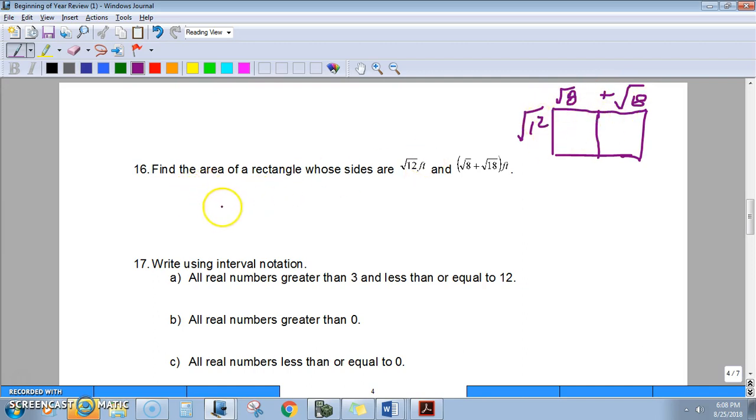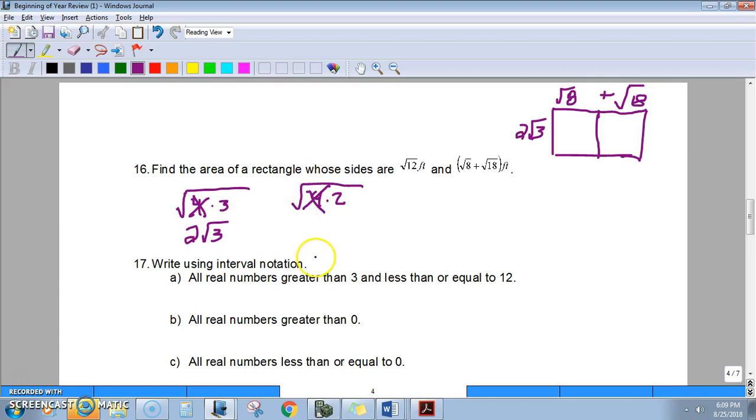That'll be good practice. The square root of 12, remember, is the square root of 4 times 3, which the square root of 4 is just 2, which is 2 root 3. Okay, so instead of the square root of 12, just to make the numbers easier, I'm going to make this side 2 root 3. And here, instead of the square root of 8, I'm going to do the square root of 4 times 2.